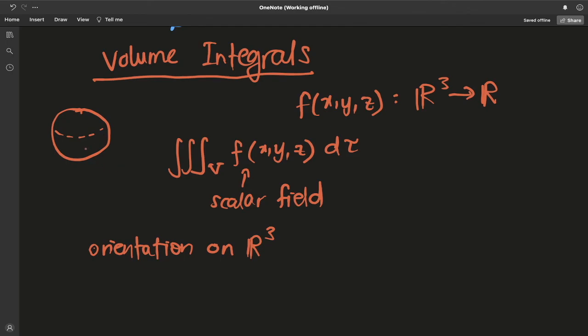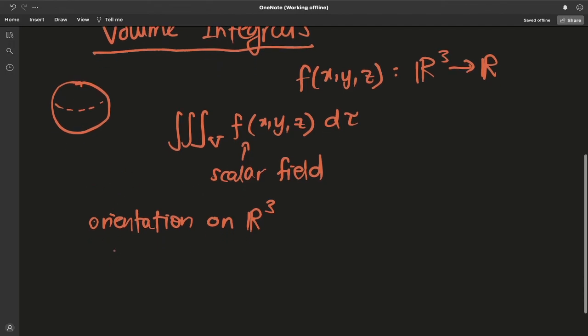A 3D volume would be treated as a 2D surface on R4, for example. So you could orient that on R4, but in R3 you can't really. So one reason is just the way orientation works mathematically, and it's a big thing, so I urge you to look into it if you're interested.